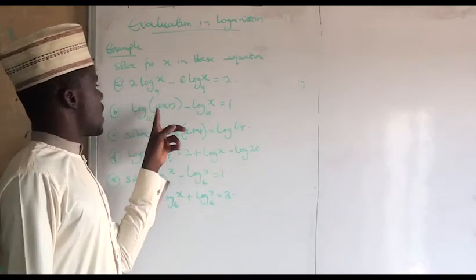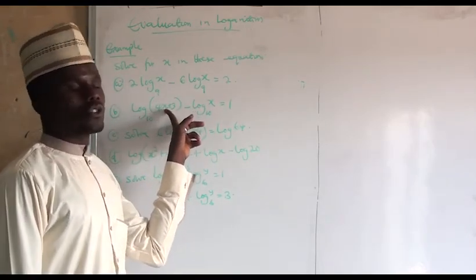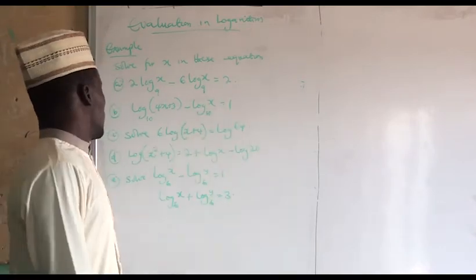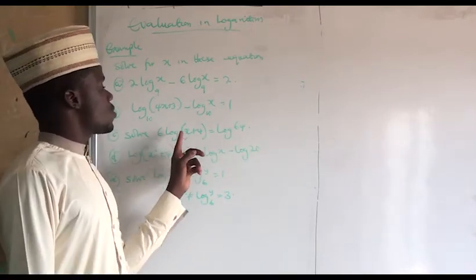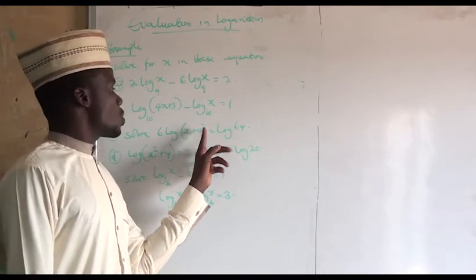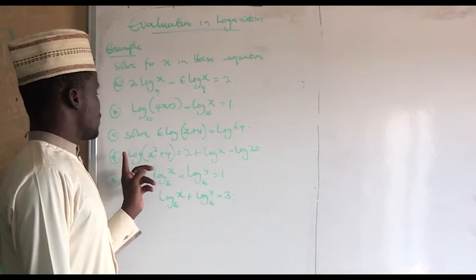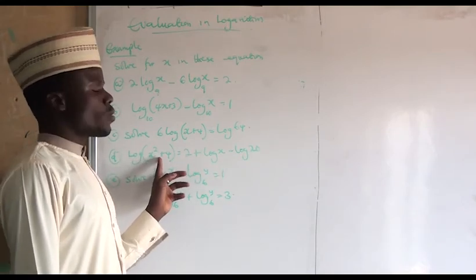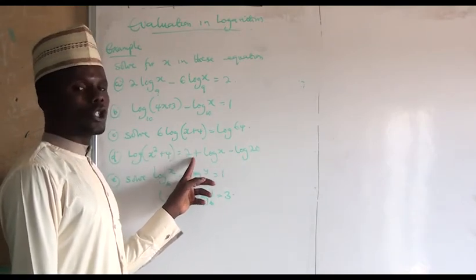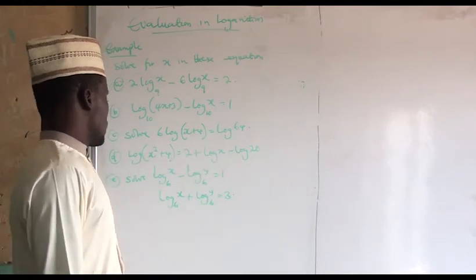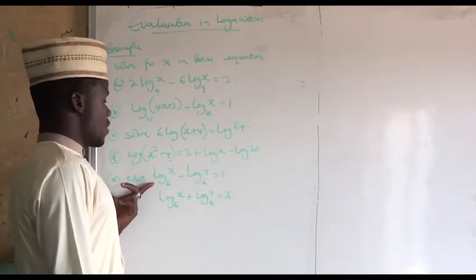The second one: log of 4x plus 3 base 10 minus log x base 10 equals 1. And here we have C: 6 log of x plus 4 equals log 64. Then D: log of x squared plus 4 equals 2 plus log x minus log 20.